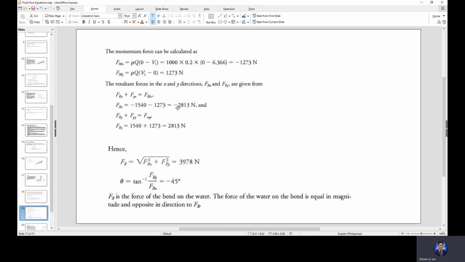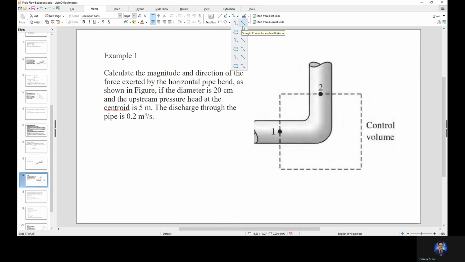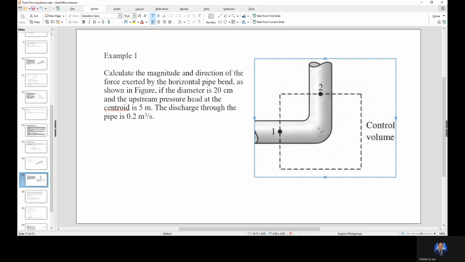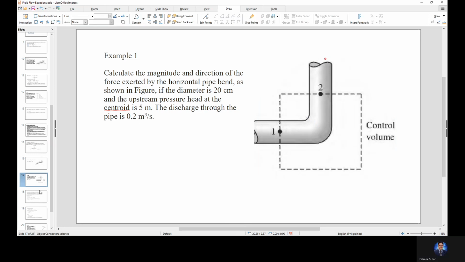Remember that x is negative and y is positive, so it points that way. That's the resultant. So that's 45 degrees. Okay.